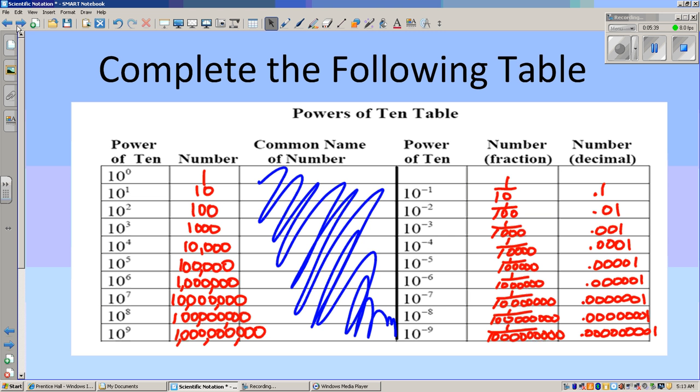So if you look back, I already mentioned one pattern: when we're raising the base 10 to a positive exponent, the exponent tells us how many zeros are behind our 1. But what's happening here when we're raising base 10 to a negative exponent? Okay, jot down what you're noticing here, what patterns you're noticing.